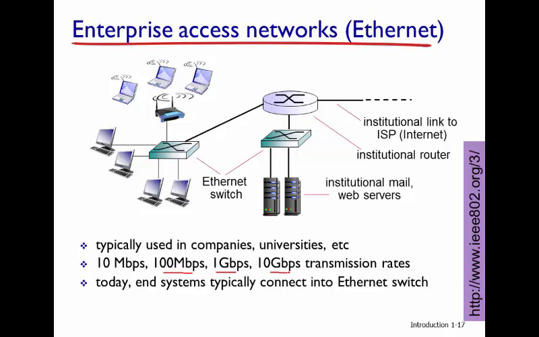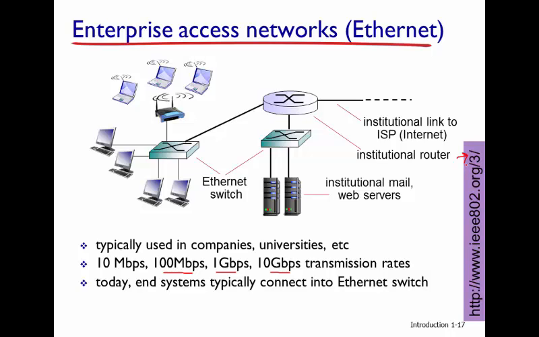So if you want to read some regulations, then you can find them from IEEE 802.org/3. So 802.3, this number 3 is for Ethernet. If you have IEEE 802.org/11, then that is wireless.